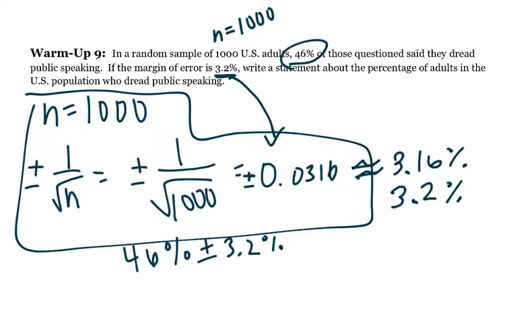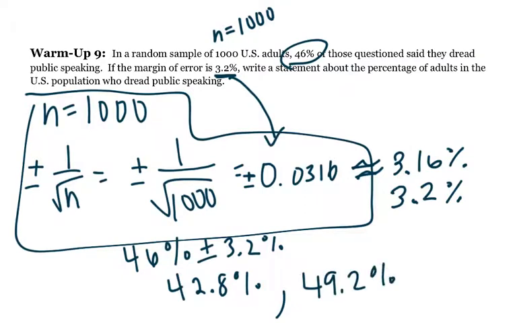So to get the lower limit, you would subtract. So that's going to be 42.8%. And then that upper limit would be added. So we get 49.2%.